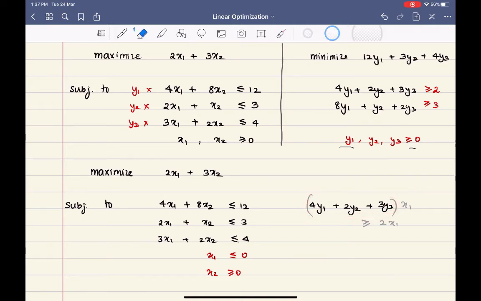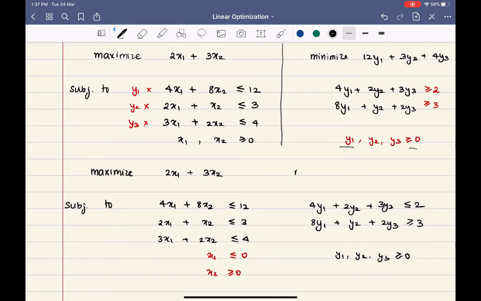So this gives us this constraint: 4y1 plus 2y2 plus 3y3 is less than or equal to 2. Since x2 is bigger than or equal to 0, the other constraint remains the same: 8y1 plus y2 plus 2y3 bigger than or equal to 3, y1, y2, y3 bigger than or equal to 0.